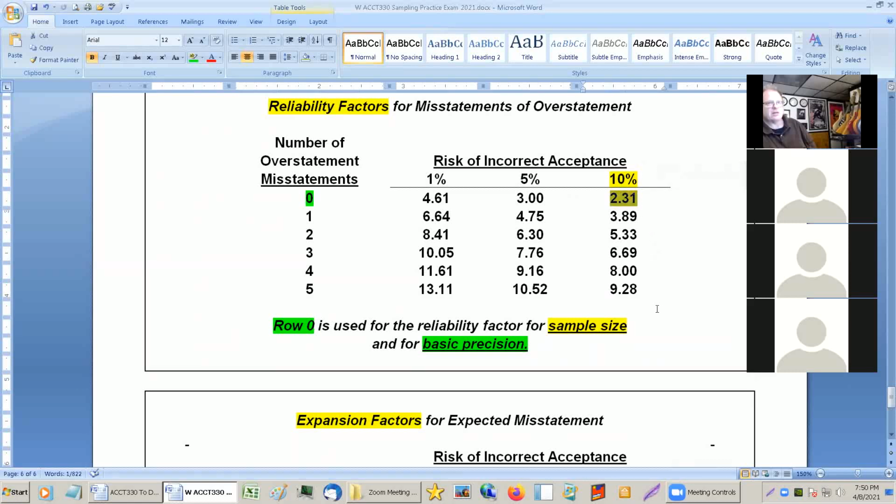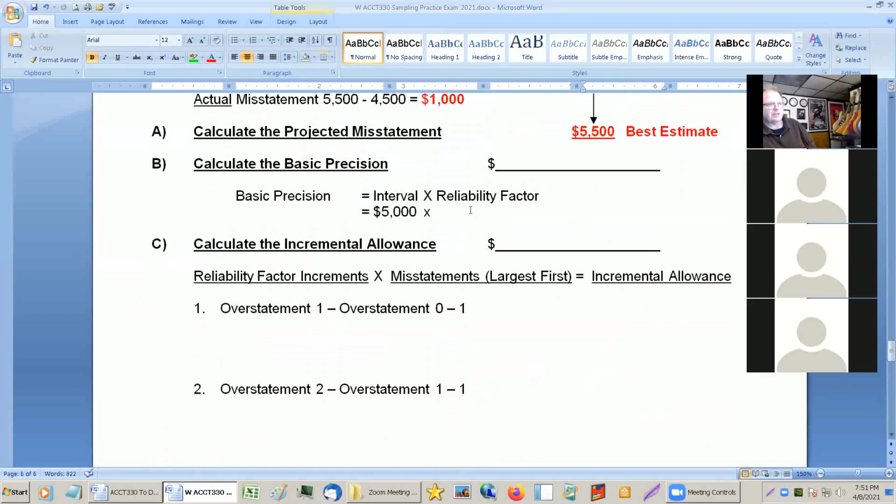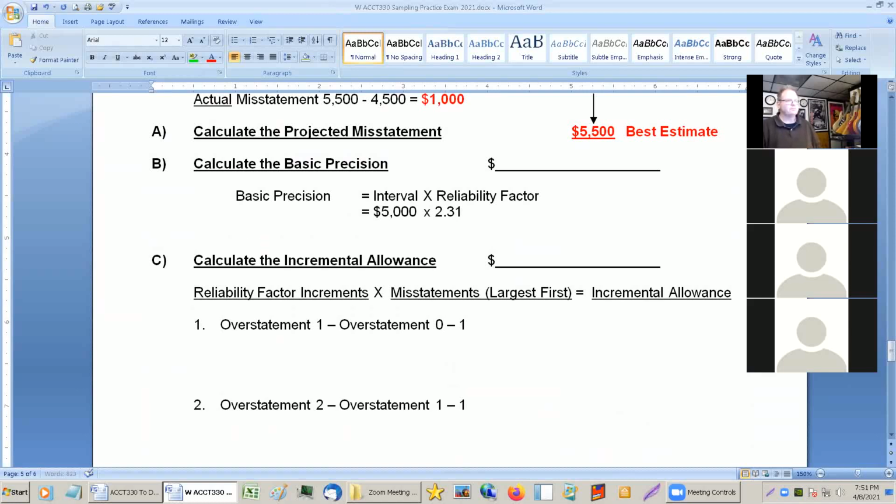Why? Because this is if there are 0 misstatements. This is what it could still be off by. So we're going to go to 10%, 2.31. That's what we're going to multiply our 5,000 by. That equals $11,550.